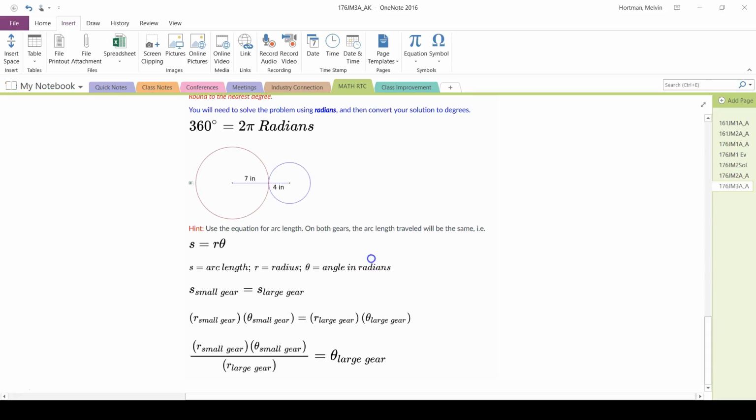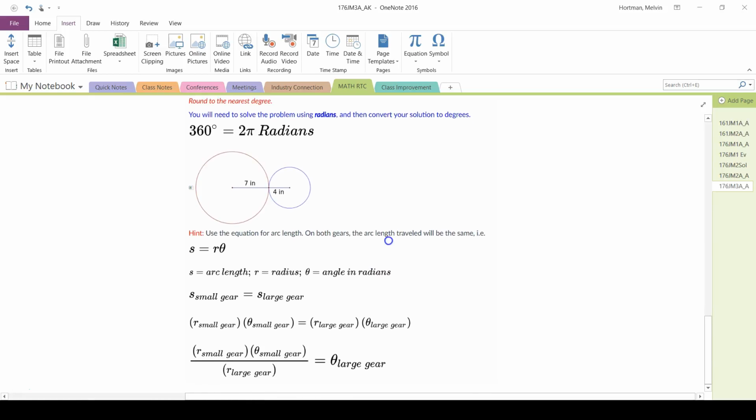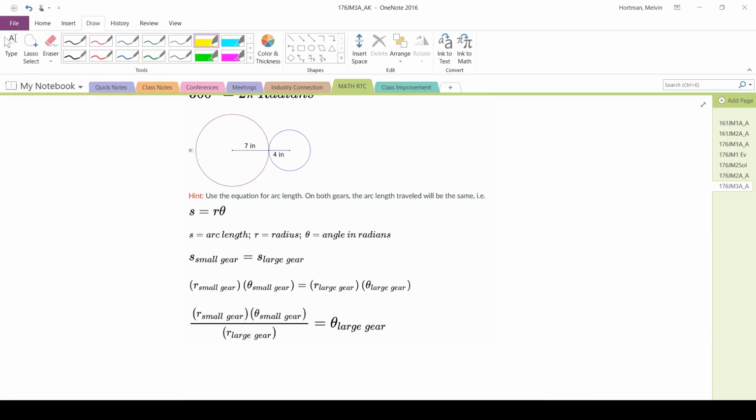So with this problem, the algebra is pretty much all walked out for us. We see that arc length is equal to the radius of the gear times the angle in radians. We see that the arc length of both gears has to be equal.